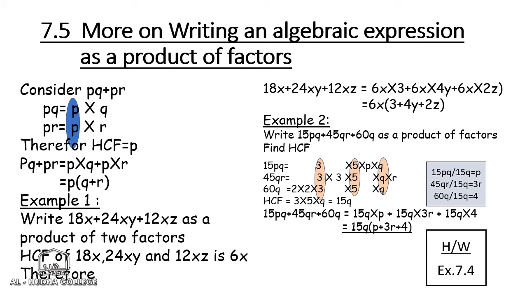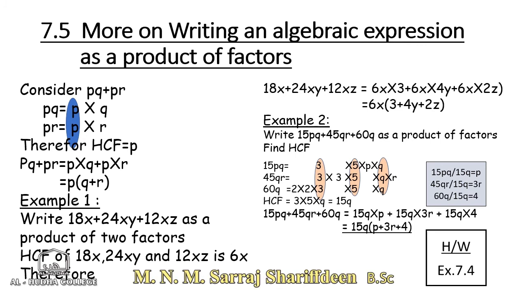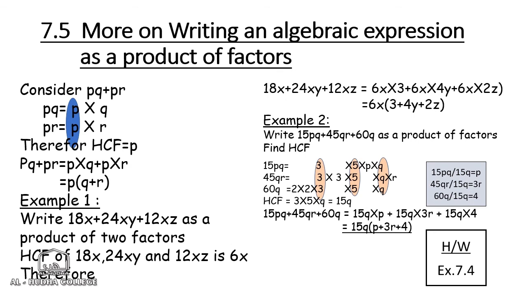Then 60q divided by 15q gives 4. So remember the note above; read it and you can easily understand. Now you can write 15pq plus 45qr plus 60q is equal to 15q, that is the HCF, into p, plus 15q into 3r, plus 15q into 4.